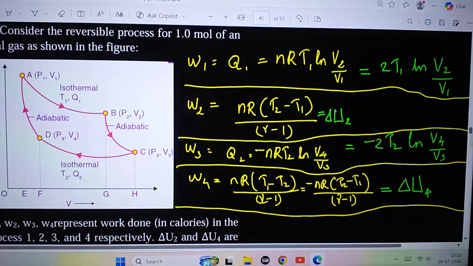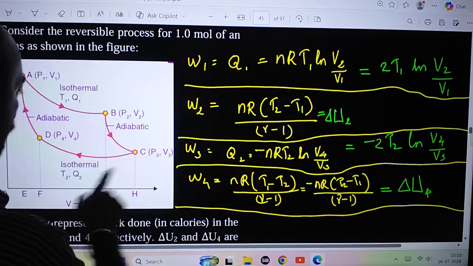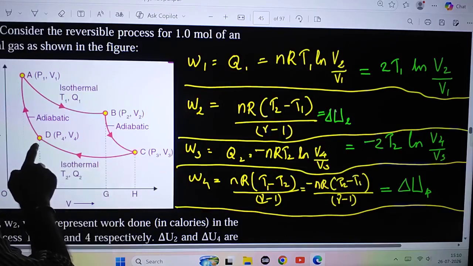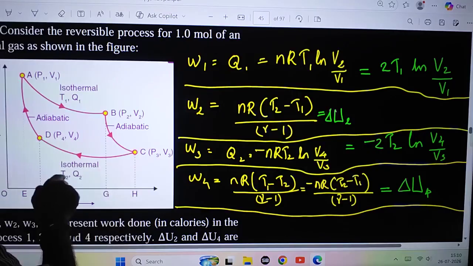So heat must be slowly released into the surrounding. Okay, isothermal reversible compression happening at the temperature T2 when Q2 heat is released.